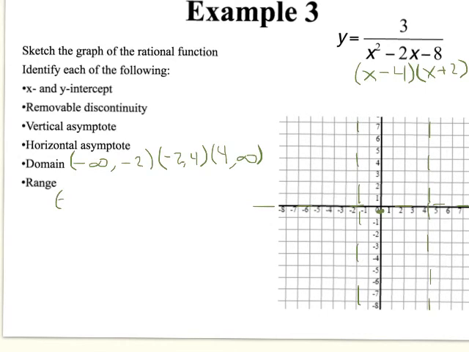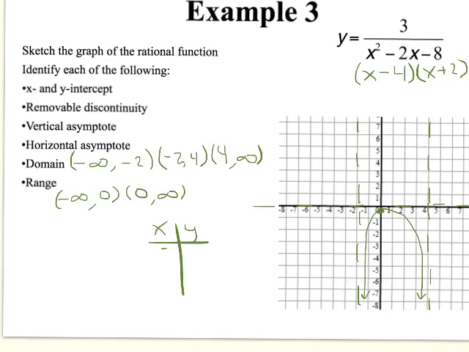Negative infinity works all the way up to 0 because that's my asymptote, and then from 0 to infinity. So to graph it, I already have 1 point, and I know I can't cross the asymptote, so I just rough sketch. So that ends up being an upside down parabola. The other value I can choose is anywhere on the left of my asymptote or my right of the asymptote.